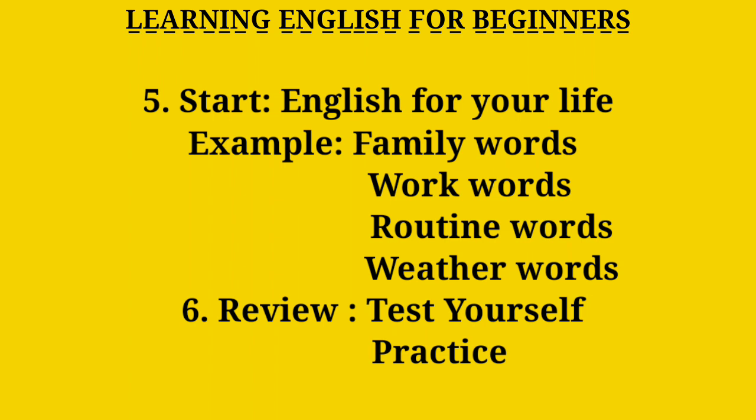So, for example, think about your family. What family words do you need? Do you need words for children? Maybe for mother, father, sister, brother? Think about your family and learn words about family that are meaningful to you.